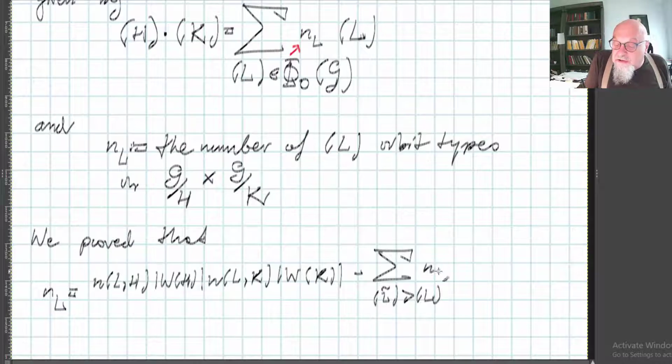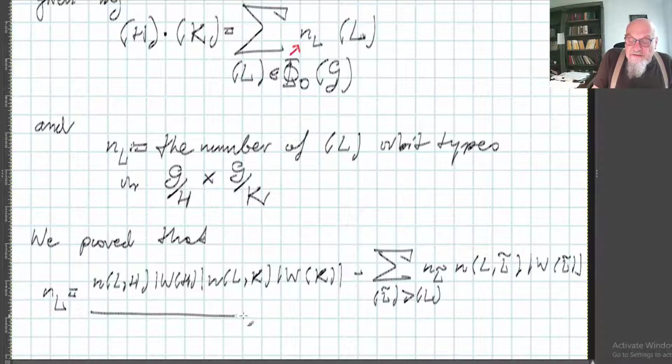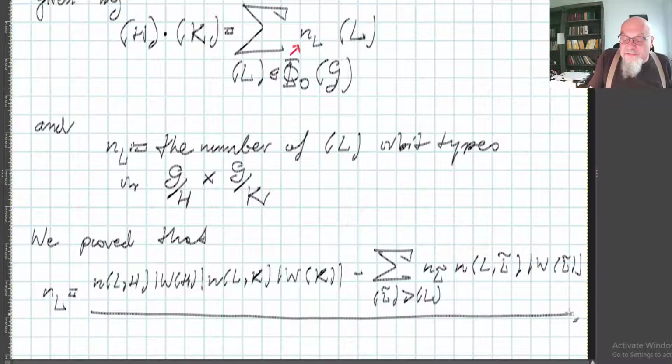And then we have the coefficient NL tilde. And then we have here the number NL L tilde and the number of elements in the Weil group of L tilde, everything divided by the number of elements L. So that's the effective form.